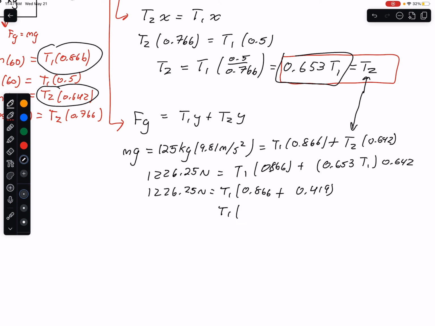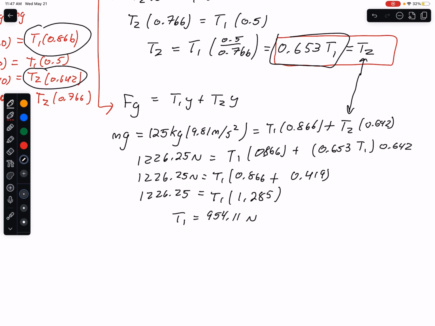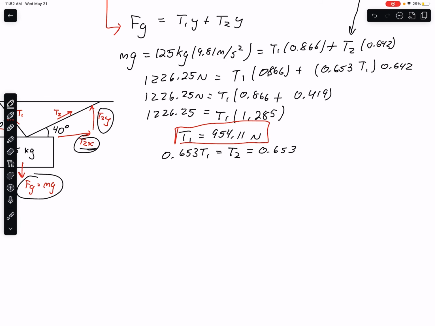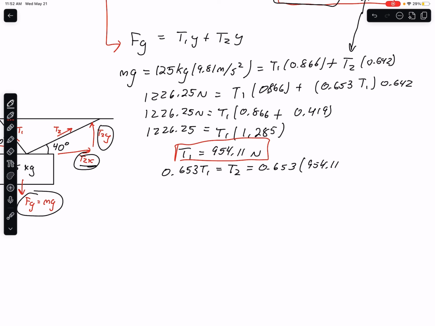And simplify once more, we get T1 times 1.285. Now solve for T1, and T1 is 954.11 newtons. From the same equation above, where we solved for T2, we know that 0.653 T1 equals T2. So T2 equals 0.653 times our T1, 954.11 newtons, which means that T2 equals 623.03 newtons.